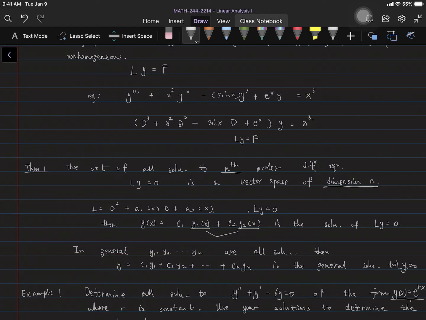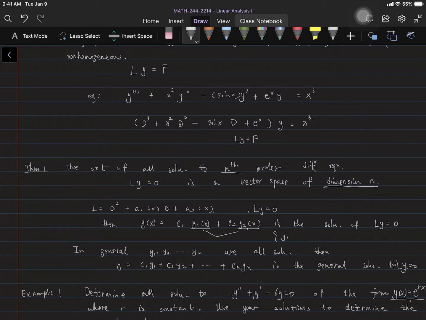For this homogeneous differential equation, we notice that this is a second order differential equation. So for the second order differential equation, we should have two solutions, y1 and y2, and then the general solution is just a linear combination of those two solutions. Actually, we can also say y1 of x and y2 of x is a basis for the general solution.